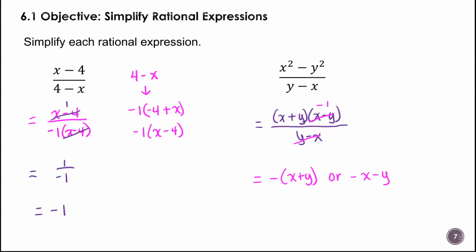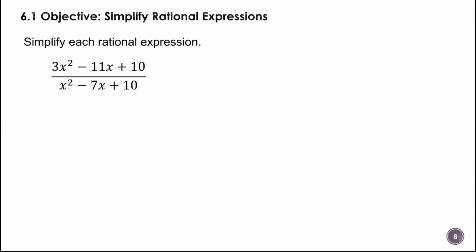All right, let's look at the next one. We're still simplifying. Okay, so on this we need to factor the numerator. Notice it's a trinomial and the denominator is also a trinomial. So we're going to factor. Now, if you need to use the AC method, then you're definitely going to want to go over to the side to do so.